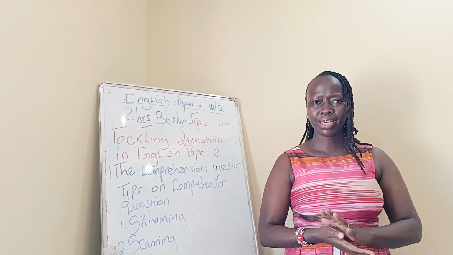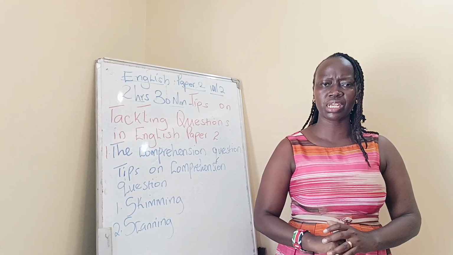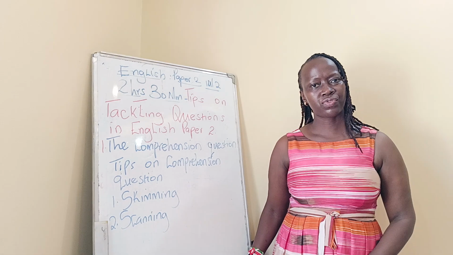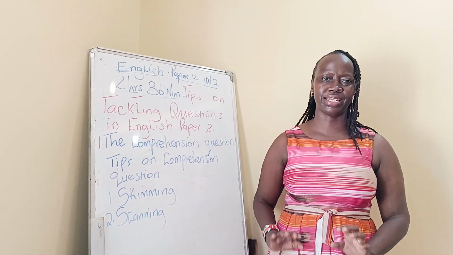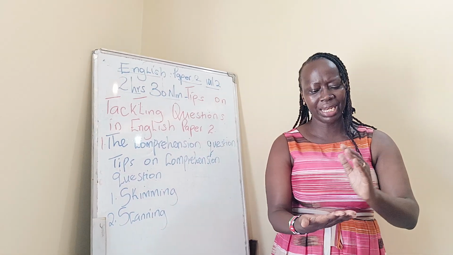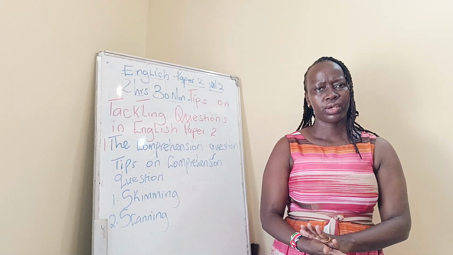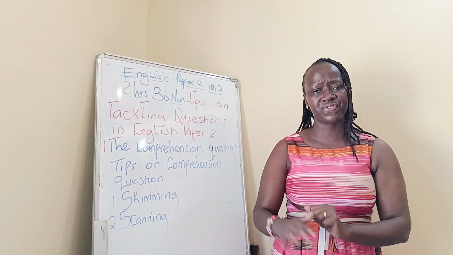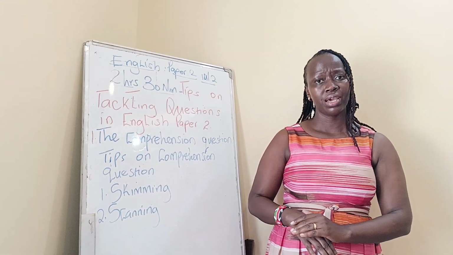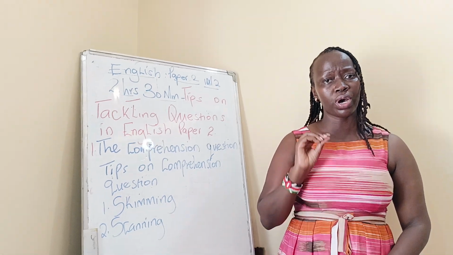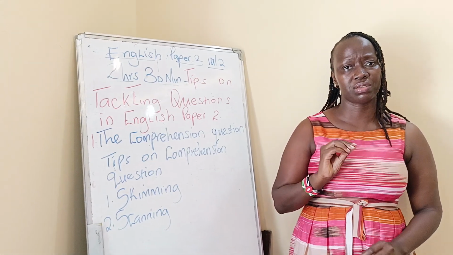Remember, the comprehension questions are normally set in a chronological manner from the beginning to the end. So answer them like that. Answer them as they follow each other. You have read, you have skimmed through, you have read very quickly. Now when you're reading the next time, you are reading with your ability to answer those questions in mind.